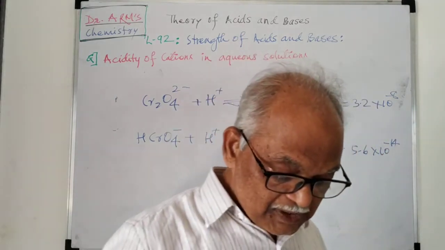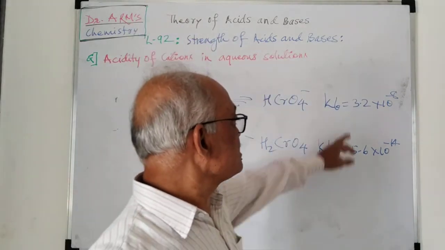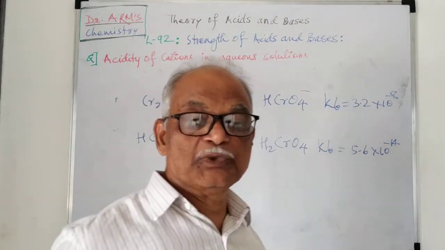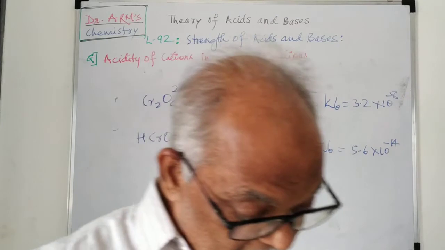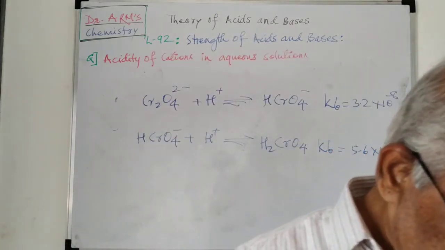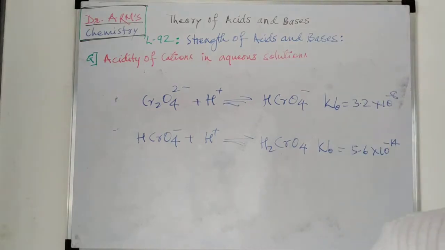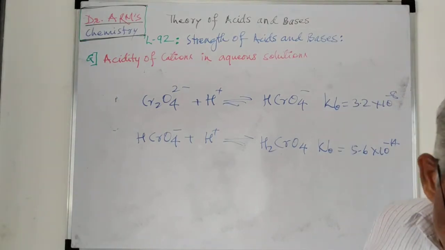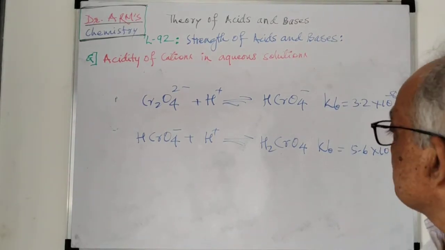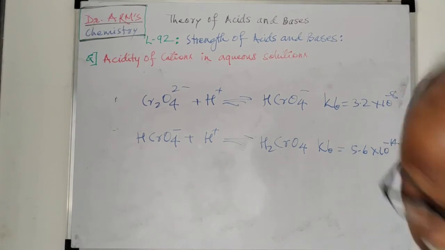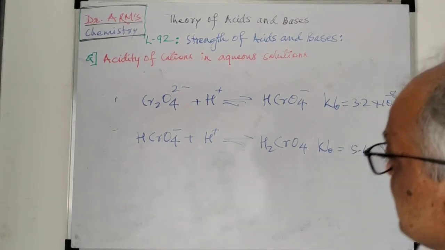So compared to this value, these values are lower, and it shows that in concentrated acid the dichromate ion formation shows loss of water. So we can show this reaction here.